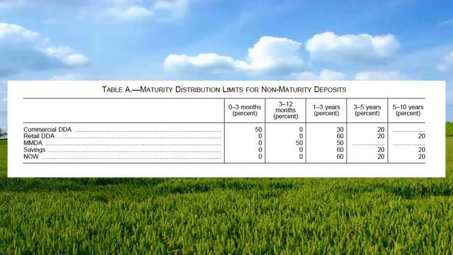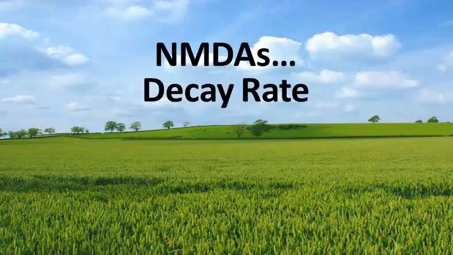Now again, if you know at your bank there are reasons why these sorts of maturity distributions overstate the likely maturity or average life of your deposits, it's incumbent on you as managers to go ahead and shorten up from this. But this is actually my typical starting place with most community banks when they're looking to see how to model their non-maturity deposits. It's a good starting spot.